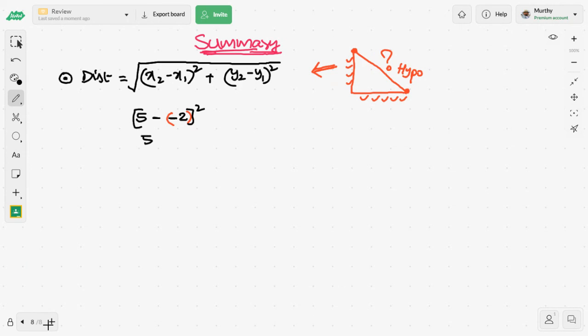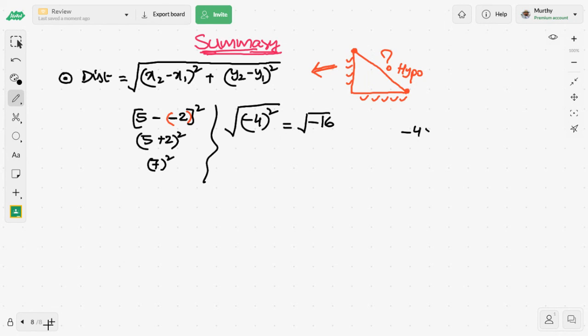So it's going to be 5 plus 2, square, that gives me 7 square. Again, if there is, let's say, negative 4 whole square, this is not negative 16, because negative 4 whole square means negative 4 times negative 4, that gives me positive 16. So you have to be really careful with the negative signs.